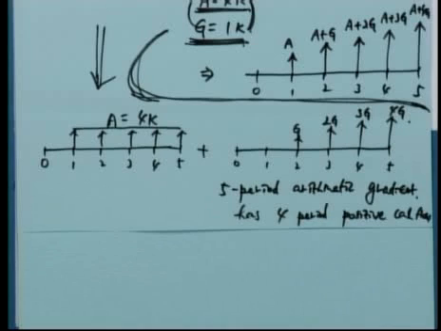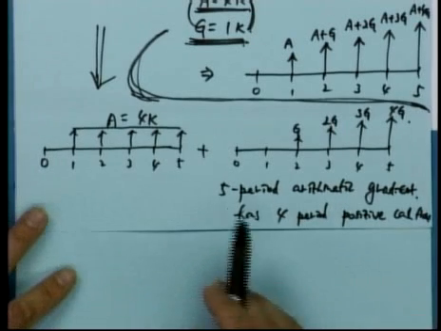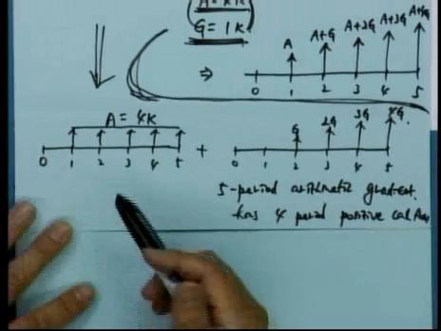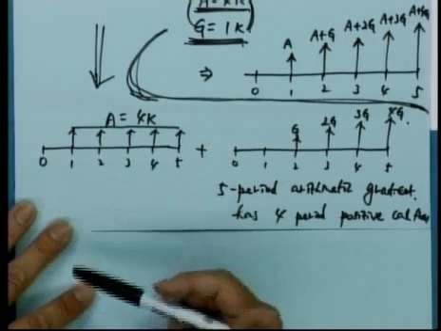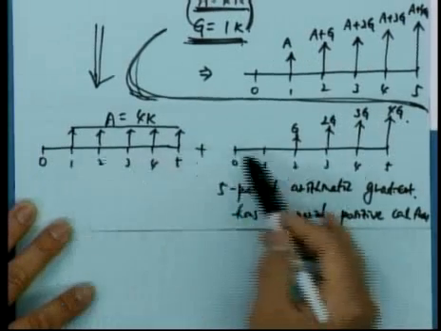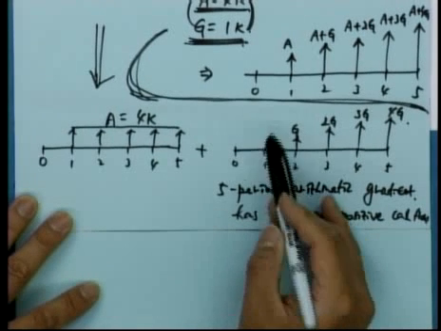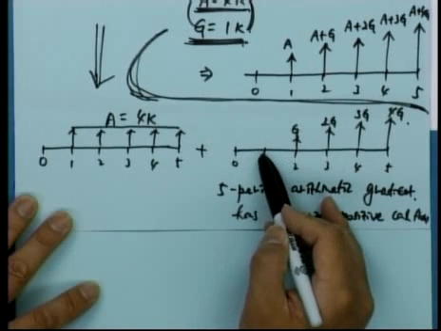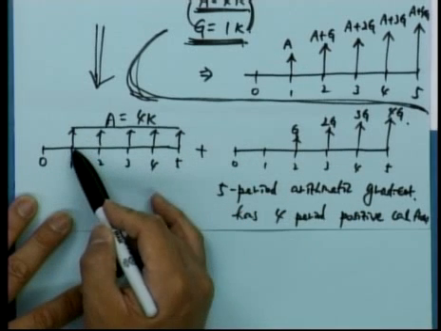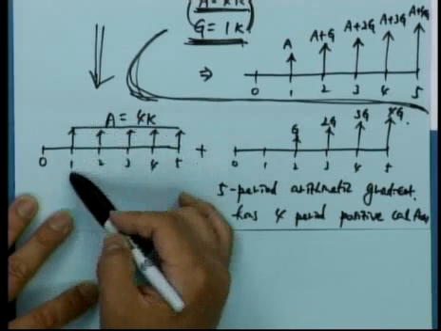So here, for the first period, the arithmetic gradient 0 cash flow is added to the uniform series cash flow of 4,000.